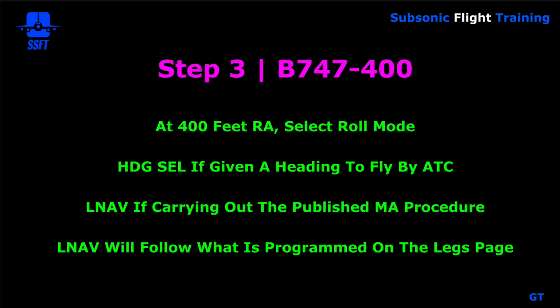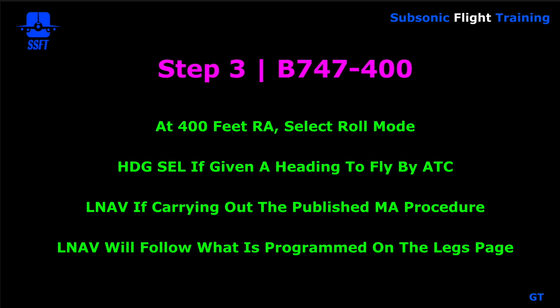If we need to carry out the published missed approach procedure because ATC hasn't given us a heading, if they haven't said anything, they expect us to carry out the published missed approach procedure for that approach. If that's the case, then at 400 feet in the 747-400, we would select LNAV instead of heading select.